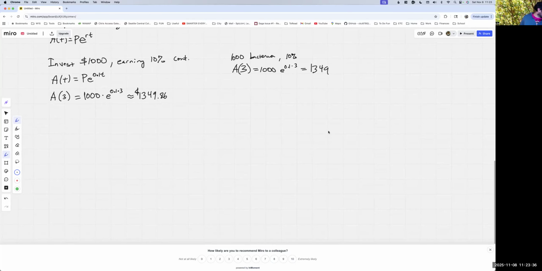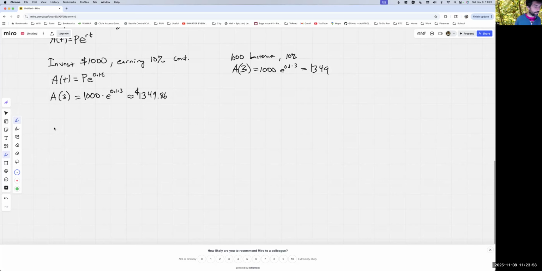One more thing I want to add into this. This is also a good model for what we call exponential decay. And so what happens in exponential decay is we just have a negative rate.